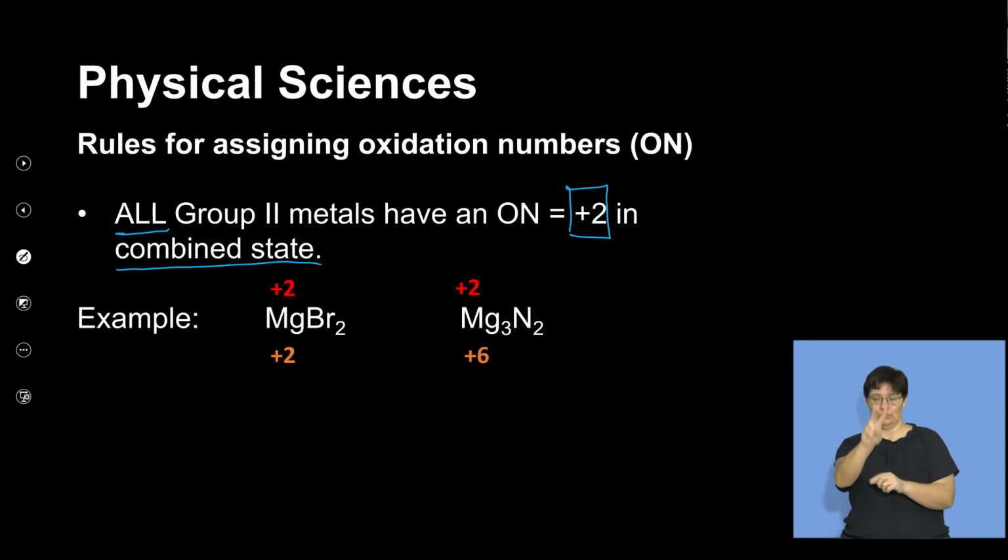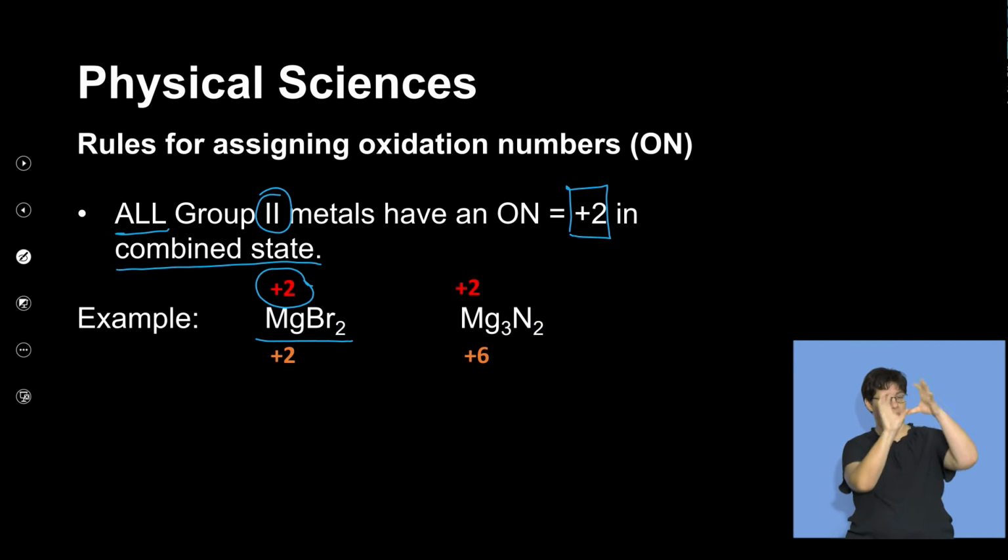In this combined state, magnesium has a unit oxidation number of +2 because it is a group 2 metal. So there is a close correlation between group number and oxidation number as far as metals are concerned. Group 2 has a +2 unit charge, so magnesium has a total oxidation number of +2.